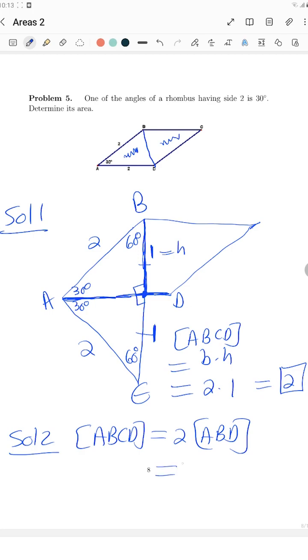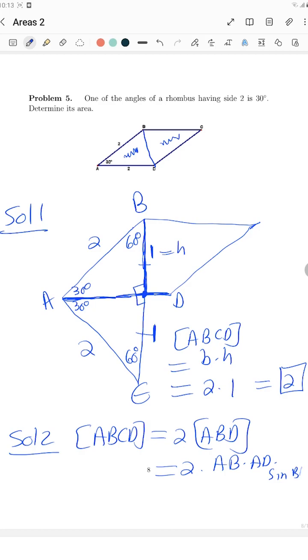Great. And there's a theorem that says that if you have a triangle and you have 2 consecutive sides and the angle between them, there is a formula for its area. So you can look it up on the internet or in a textbook, but for now, just believe me that the area of triangle ABD is AB times AD times the sine of the angle between the 2 sides.